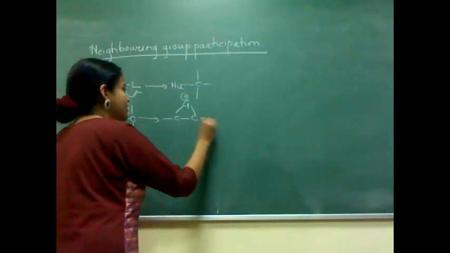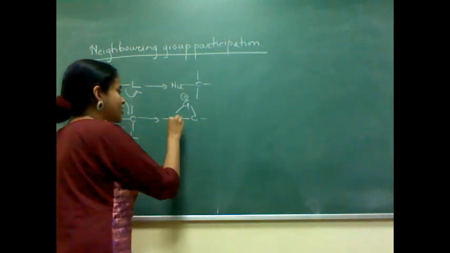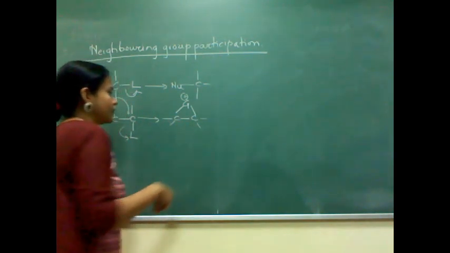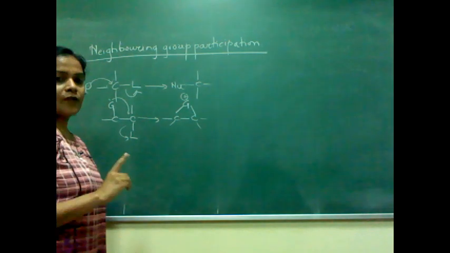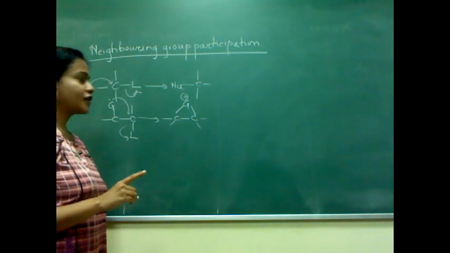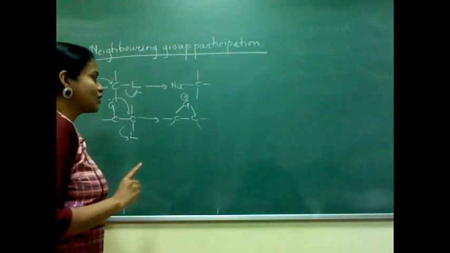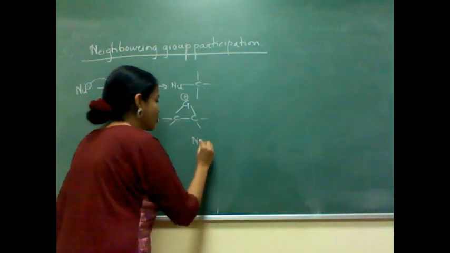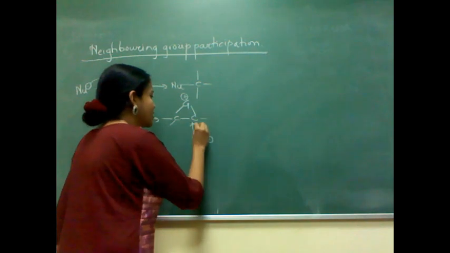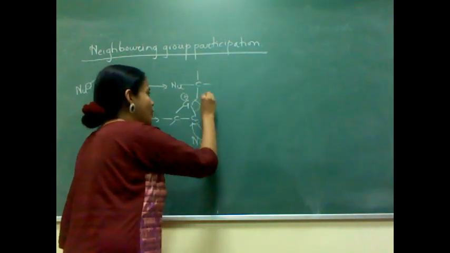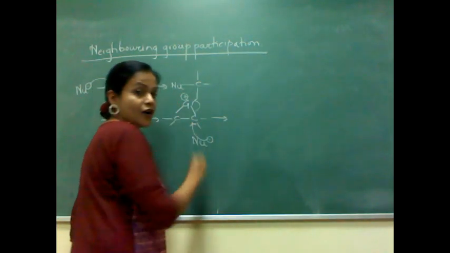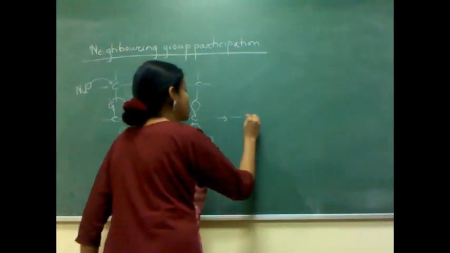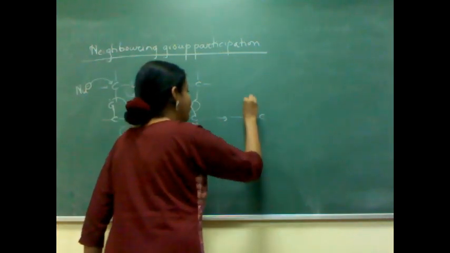So what you can see in this particular reaction is that a three-membered cyclic intermediate is being formed. Once you get the formation of this cyclic intermediate, the externally added nucleophile opens up the three-membered ring structure, leading to the formation of the product.